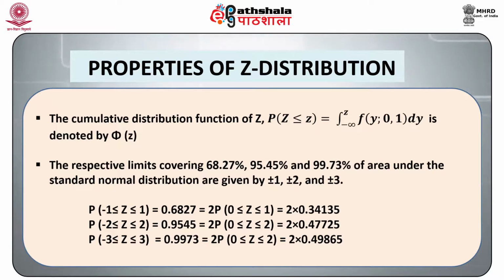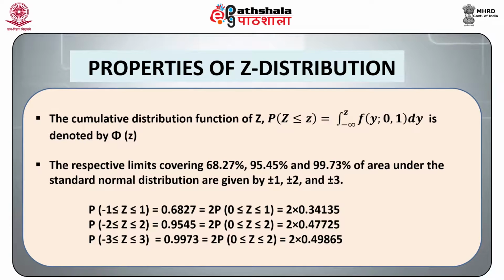is equal to 0.6827, which is equal to 2P(0 less than or equal to z less than or equal to 1), which is equal to 2 into 0.34135. P(minus 2 less than or equal to z less than or equal to 2) is equal to 0.9545, which is equal to 2P(0 less than or equal to z less than or equal to 2), which is equal to 2 into 0.47725.